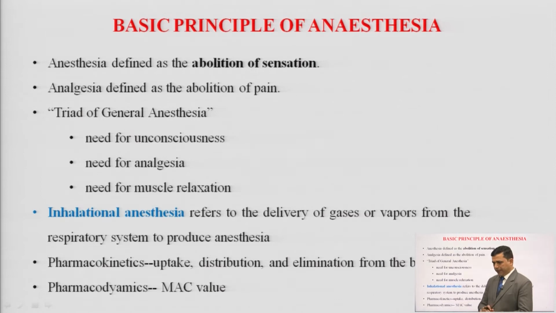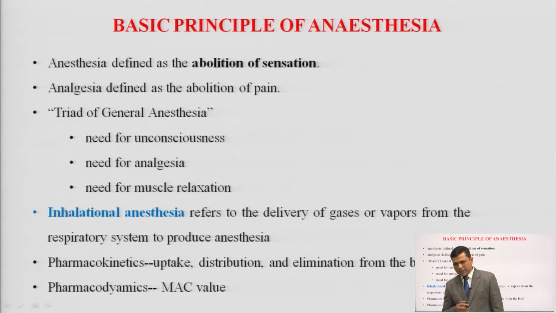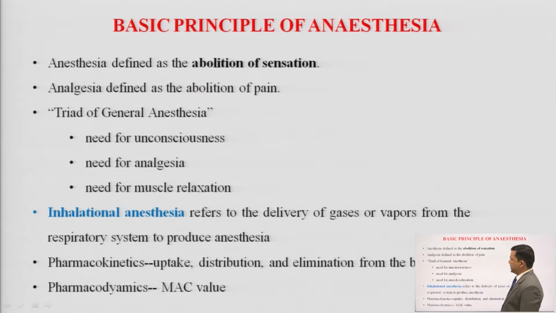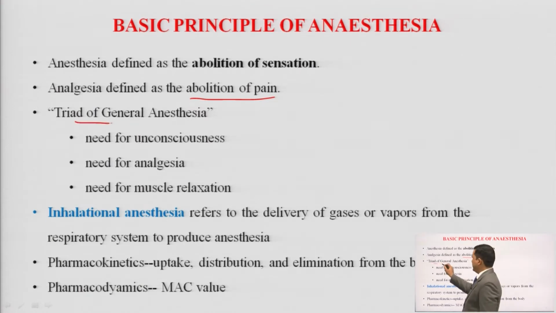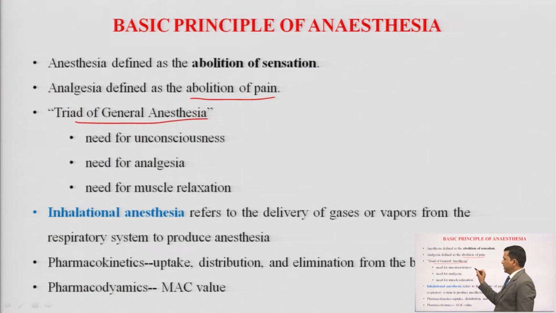First, I will recall something we have already discussed about general anesthetics. General anesthetics are used for the abolition of all sensation, and analgesia is defined as the abolition of pain. These are the triad of general anesthesia: it needs unconsciousness, analgesia, and muscle relaxation.